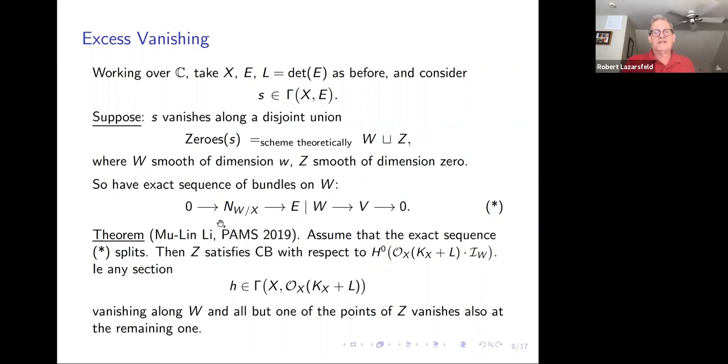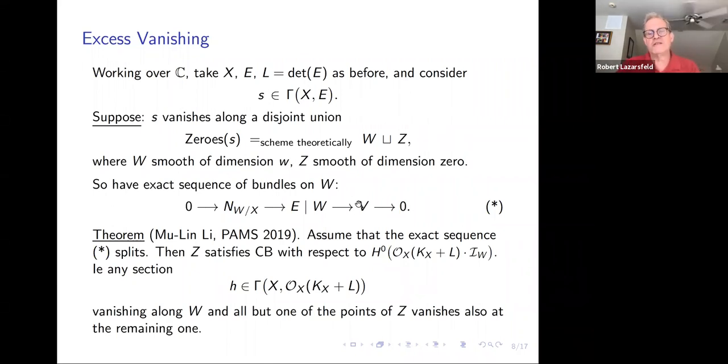The bad news is this hypothesis about the splitting of this exact sequence. In any real example, in practice, it basically never splits. So it's kind of a parasitic hypothesis, if you like. Let me backtrack for a sec.